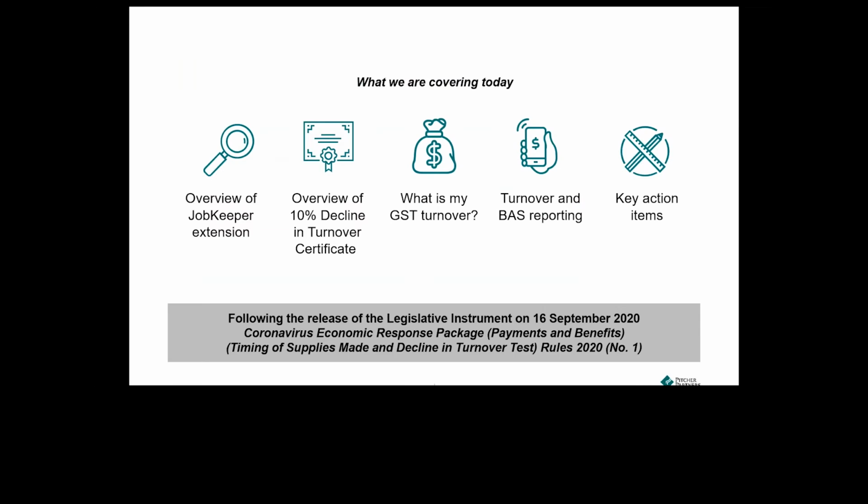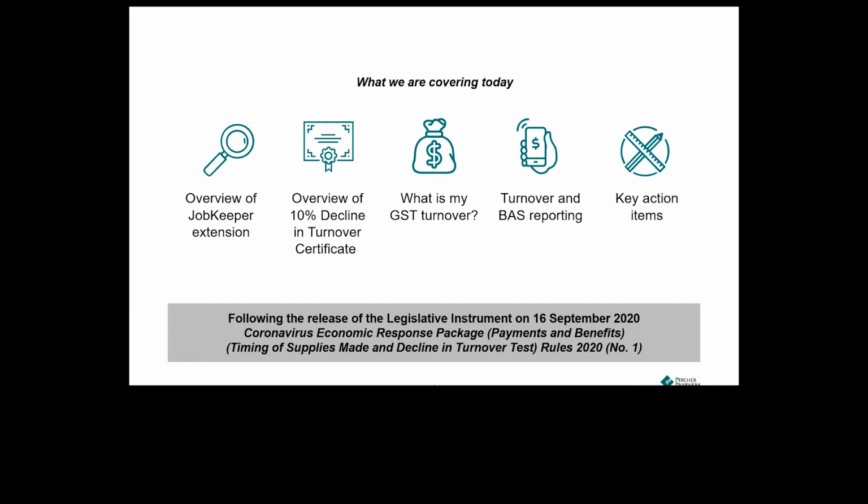This is what I'd like to cover in the next hour or so. Firstly, an overview of the JobKeeper extension rules, or JobKeeper 2.0. Then an overview of the rules in relation to the 10% decline in turnover certificates under the Fair Work Act.